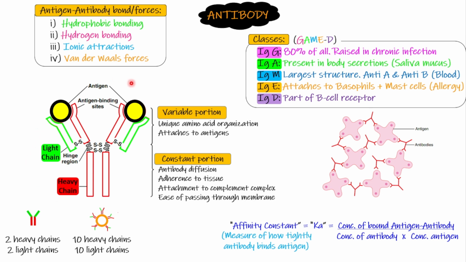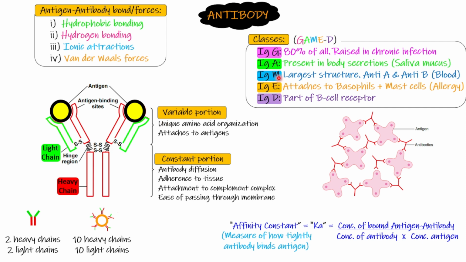We have first of all discussed the structure of the antibodies. The structure has a heavy chain and a light chain. Then there are 2 portions: the upper one is the variable portion where the antigen attaches, and the lower one is the constant portion, which is used for attachment and adherence. Then we have different classes of antibodies.